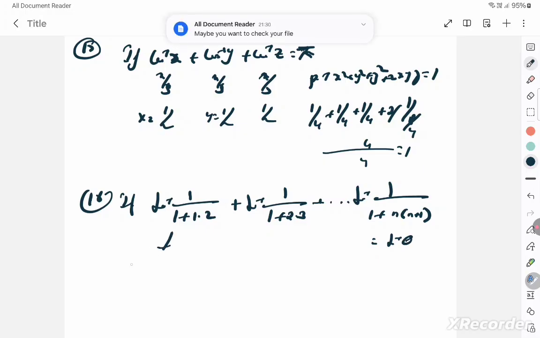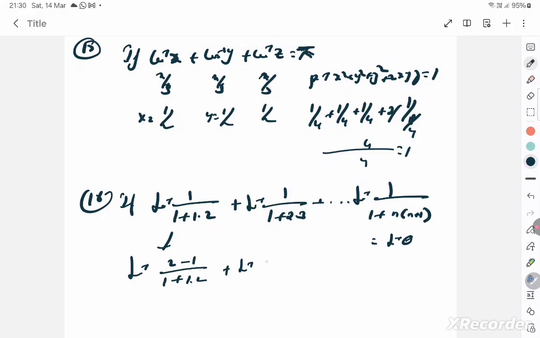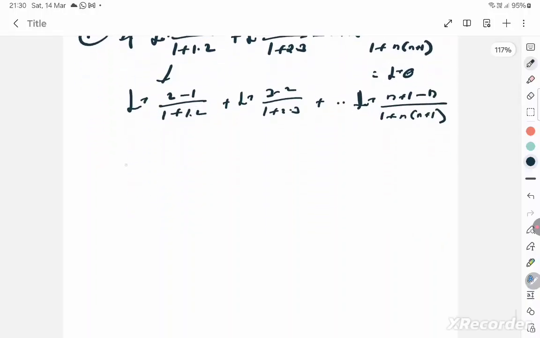The moment you see this, you should know you can write 1 by 1 plus 1 into 2 as tan inverse of 2 minus 1 by 1 plus 1 into 2. This is 3 minus 2 by 1 plus 2 into 3. And this is tan inverse of n plus 1 minus n by 1 plus n into n plus 1. So therefore this is tan inverse of 2 minus tan inverse of 1, plus tan inverse of 3 minus tan inverse of 2, dot dot, tan inverse of n plus 1 minus tan inverse of n.